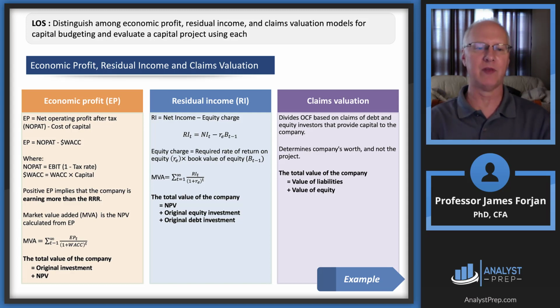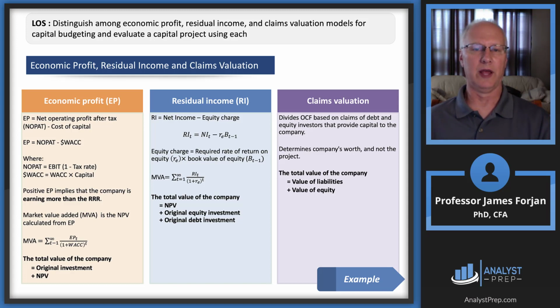And are you ready for this? What is a reasonable estimate of total market capitalization? Let's look at economic profit. We start with net operating profit after tax, and then all we're going to do is take out the dollars of weighted average cost of capital. So we take the amount that we borrowed times the weighted average cost of capital.